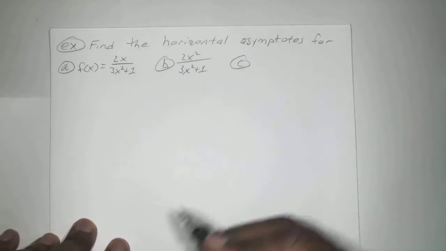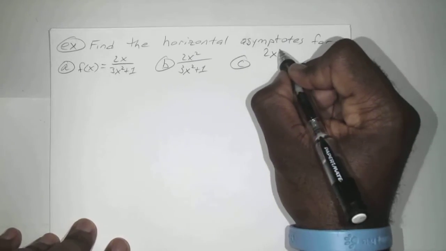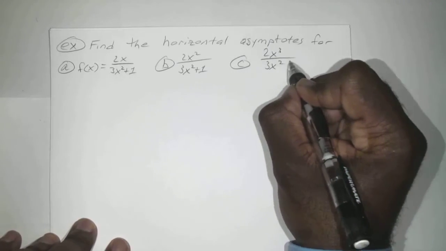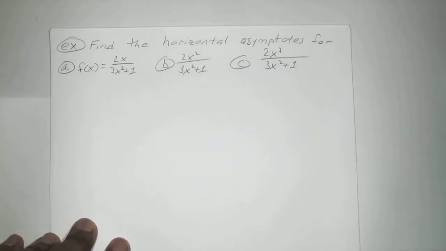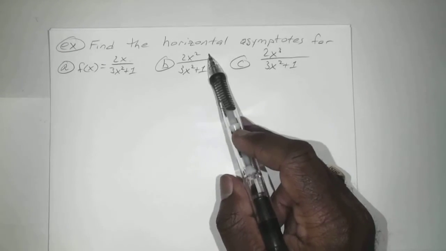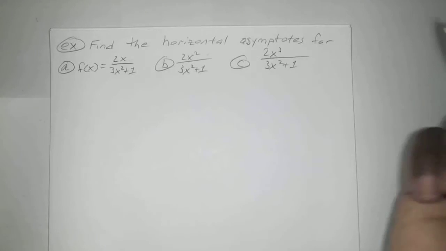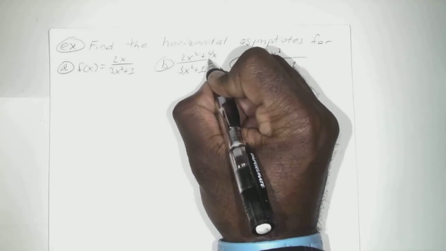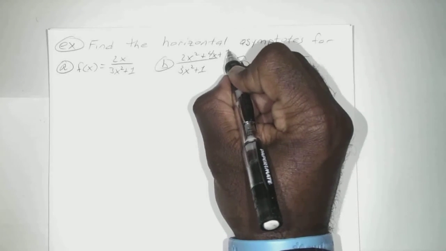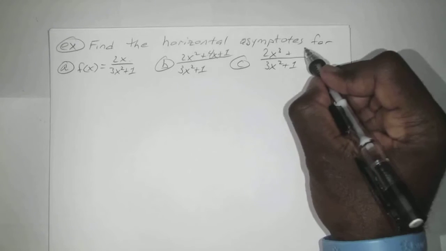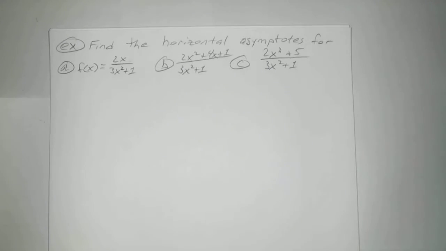And let's say for problem C, you have 2x to the third over 3x squared plus 1. Now here you can have 2x plus 5, you can have 2x squared plus 3x plus 7, actually change, let's say 2x squared plus 4x plus 1, just to kind of mix it up a little bit. And 2x cubed plus 5.